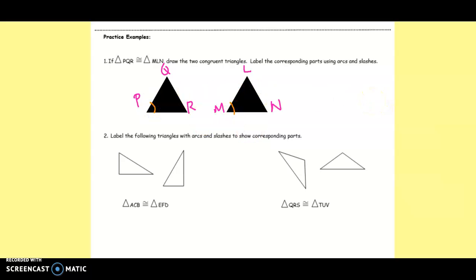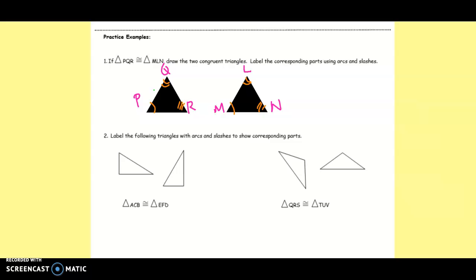Those are in the same spot. And again, I can tell that I made the triangles, so they're exactly the same. There's no rotating, reflecting, none of that going on. They're straight up right next to each other. So it is a little bit easier when you have that. We know Q matches up with L, R matches up with N. That's my arcs for my angles.